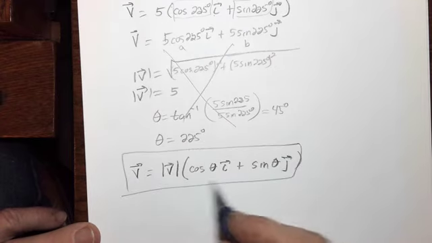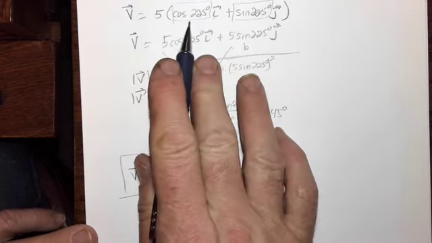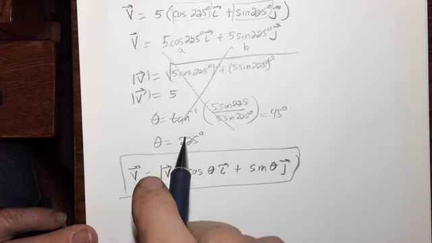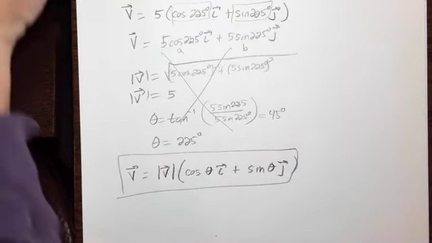The number out here is the magnitude, and this is the direction angle. So it's a lot easier way of doing it. All right, that's what your assignment's on today.